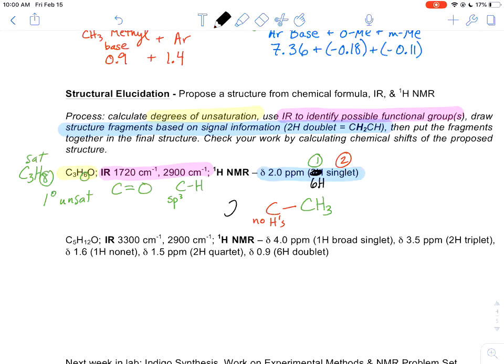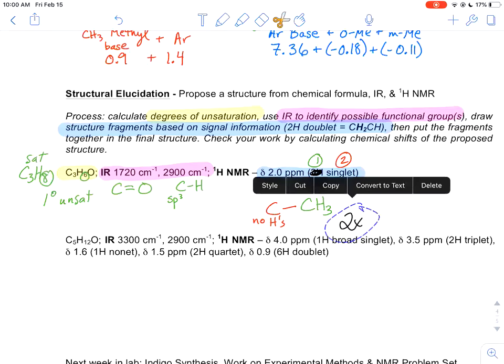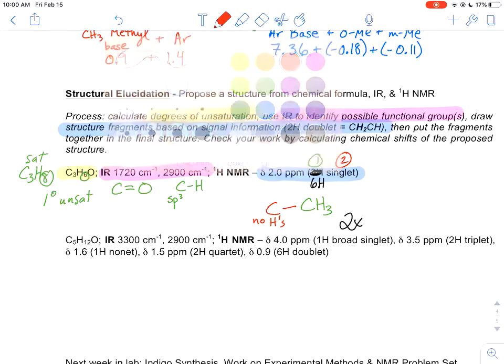So really we should have 2 of these signals. There's only 3 carbons total. So really there's 2 of the green part, and there's just 1 carbon in the middle. And in order for the chemical shift range to really make sense, that carbon must be the carbonyl. So there's 2 of those.